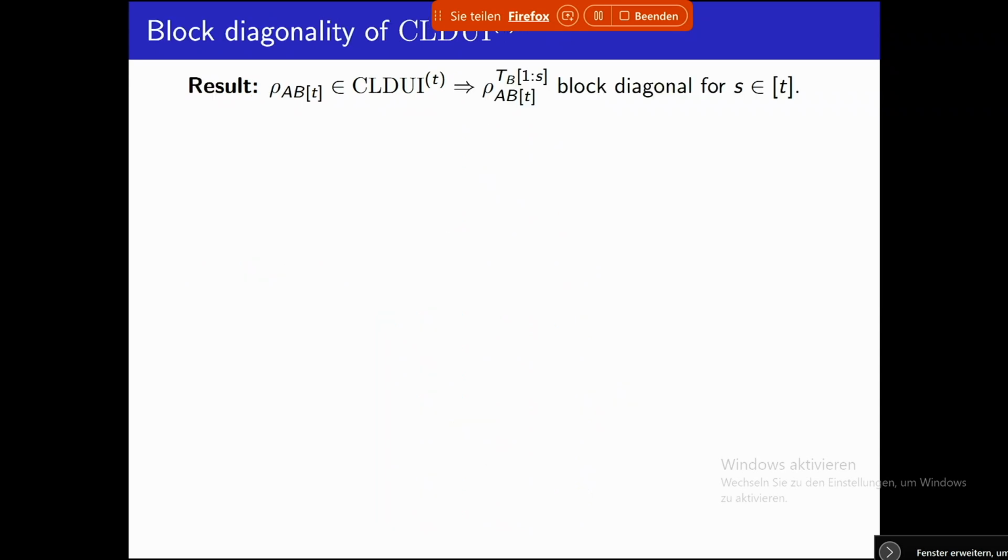The result is that not only is the extended state block diagonal, it is also block diagonal under arbitrary partial transpositions. If you want to run your SDP, you need to check whether all partial transpositions are PSD, and with this block diagonalization, you can do this more efficiently.